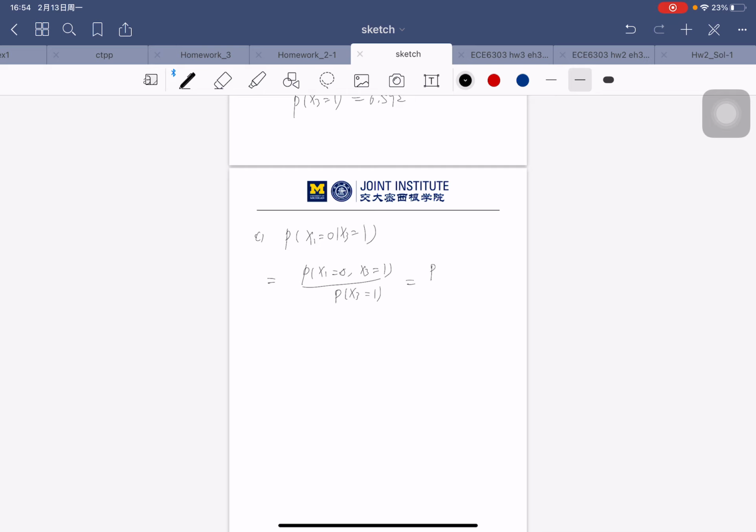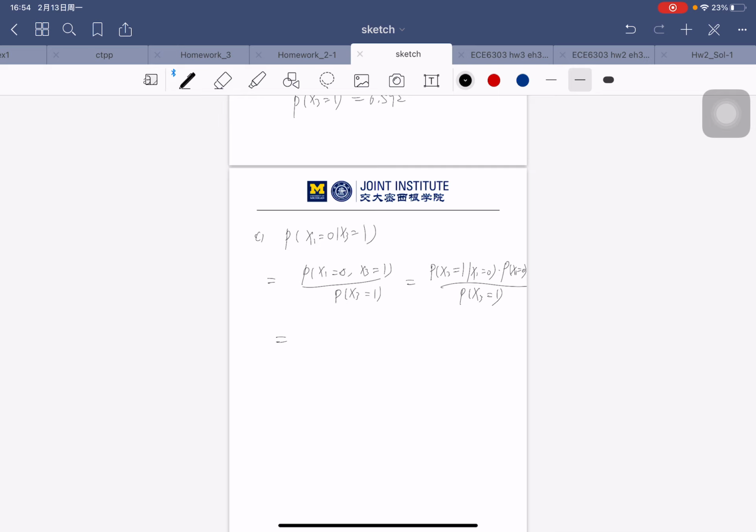The upper part will be the probability of x3 equals 1 given x1 equals 0, multiplied by the probability of x1 equals 0, and we will keep the lower part.